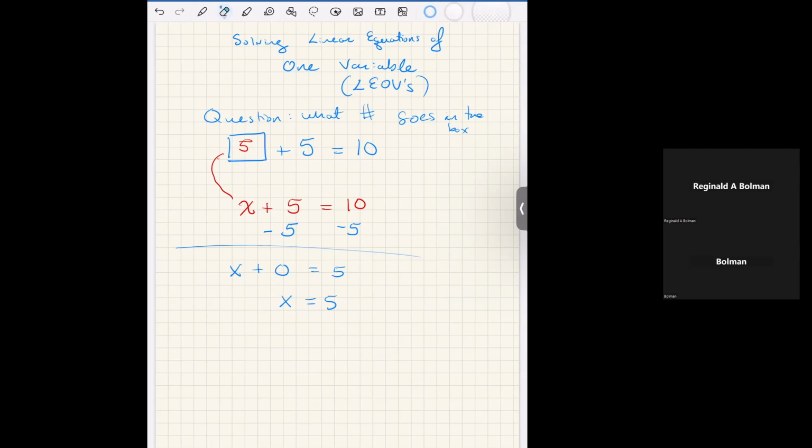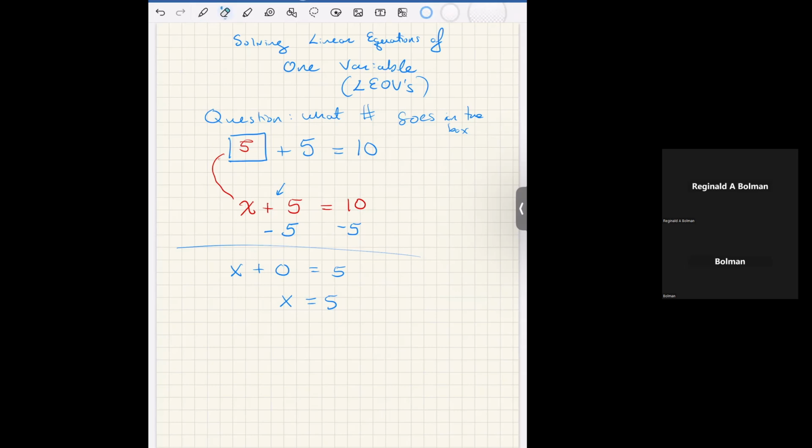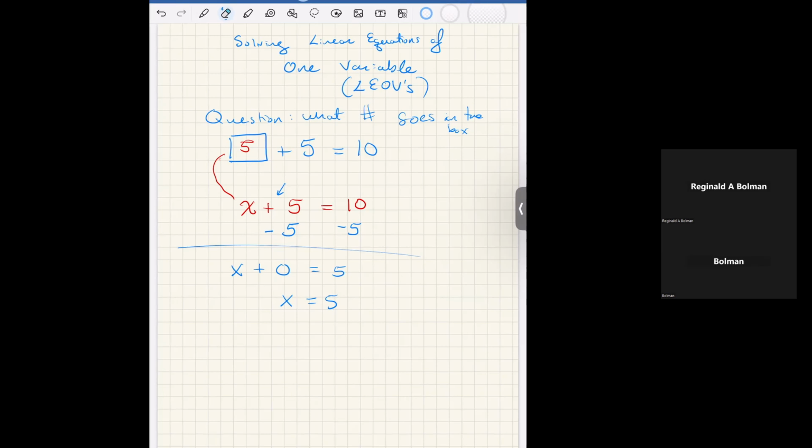The problem is students will often get confused as to whether they need to perform subtraction on both sides, addition on both sides, multiplication on both sides, or division on both sides. And so the student who's looking for a very easy answer will often get confused by these operations.